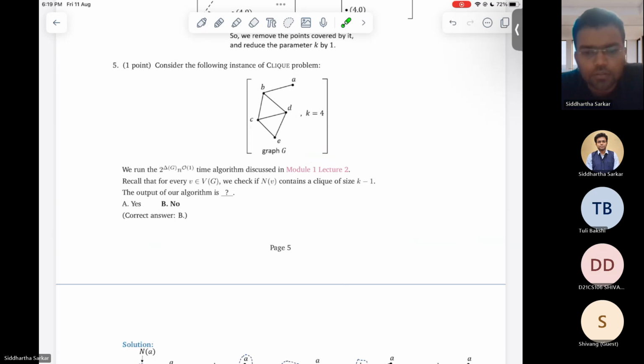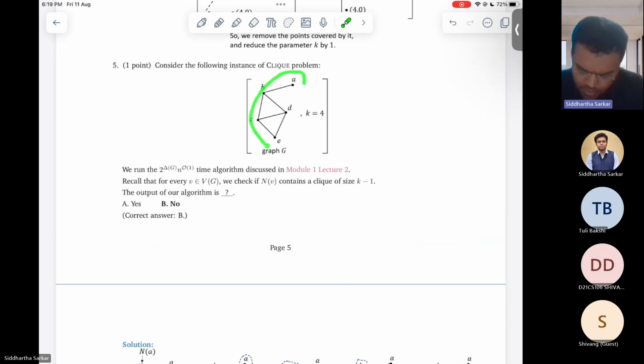Right, whether there is a clique of size k, that is the question we are asking.